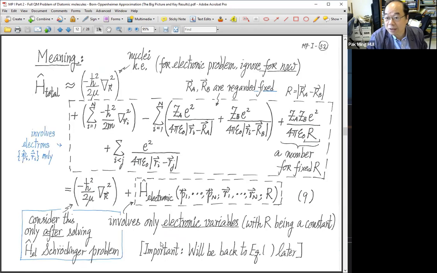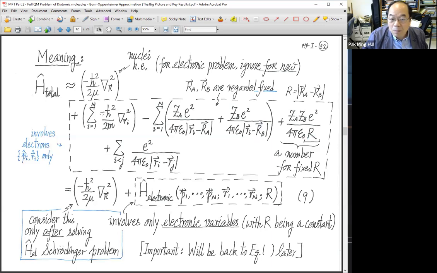So let's see what the consequence is. This is the total Hamiltonian. Now, I wrote an approximation sign for the following reason. I downgraded this to a given number, and therefore this is also a given separation.